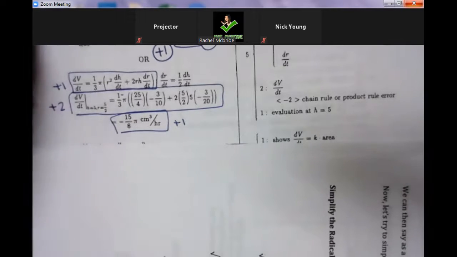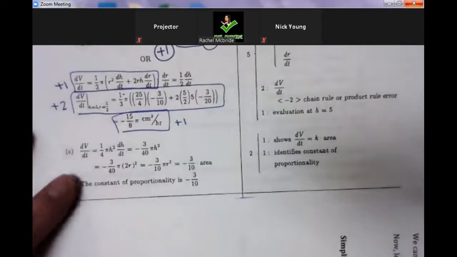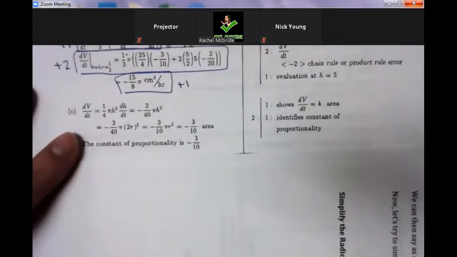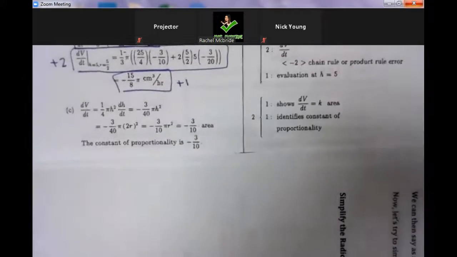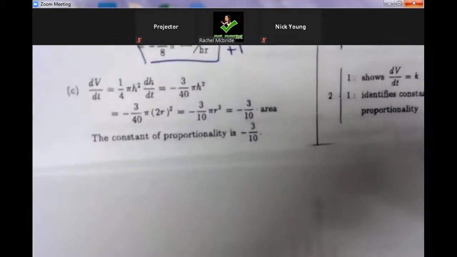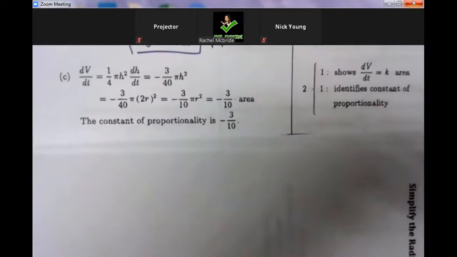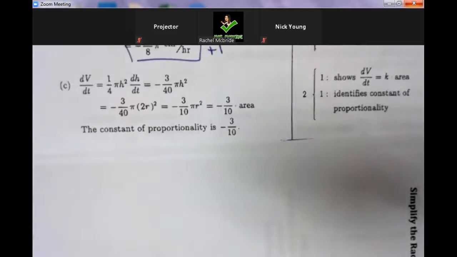And then the last part, part C, this is the tricky part. This is the part where they're really testing your ability to apply mathematics outside of plug and shove. So it says, show that the rate of change of the volume of water in the container due to evaporation is directly proportional to the exposed surface area of the water.